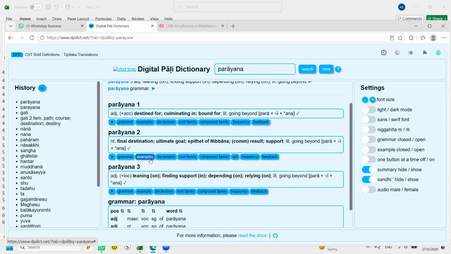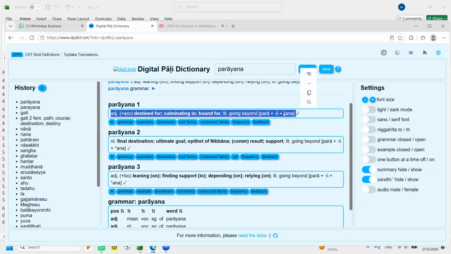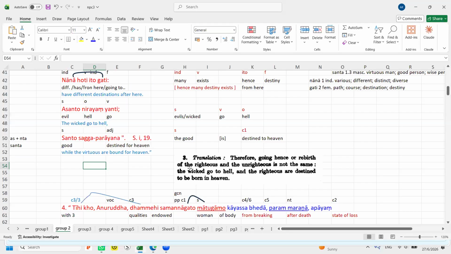So this one is parayana. Technically, it's a final destination or ultimate goal, or destiny, bound for. So you take this, because we are talking about hell. We are talking about being bound. Copy. All right. So what you do is you go back to here. This one, parayana, we put somewhere here.